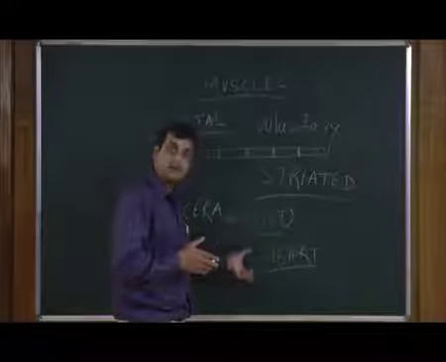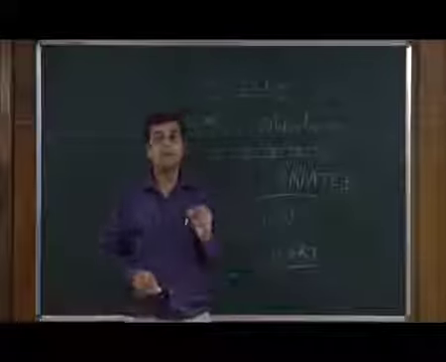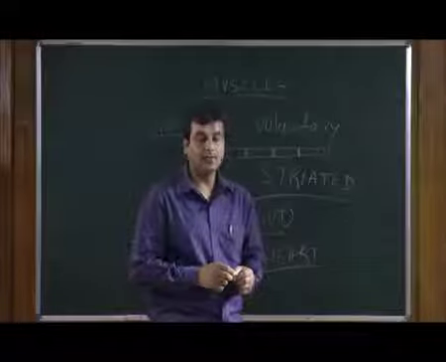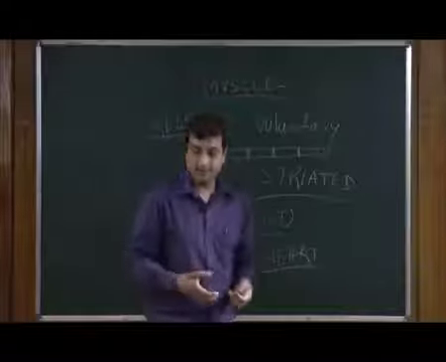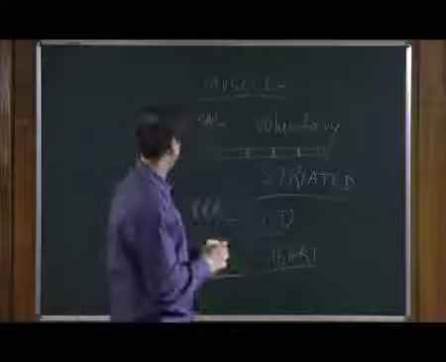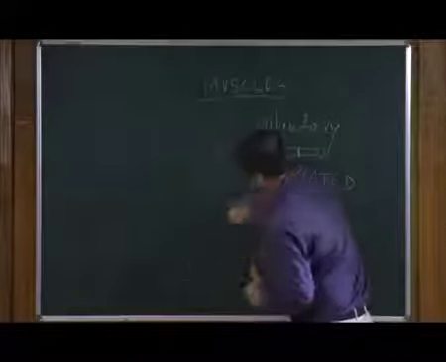As shown in the slide, skeletal muscle is striated and voluntary in nature. Visceral is non-striated and involuntary in nature, while cardiac is striated and involuntary in nature. So these are the three typical types of muscle cells which we are going to discuss in further classes. But let's try to see the structure of a typical muscle cell.